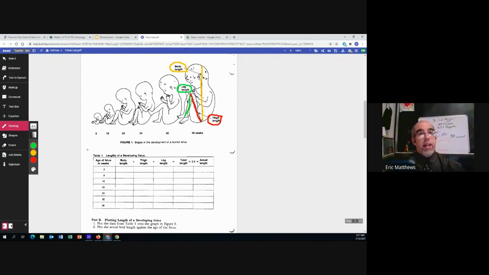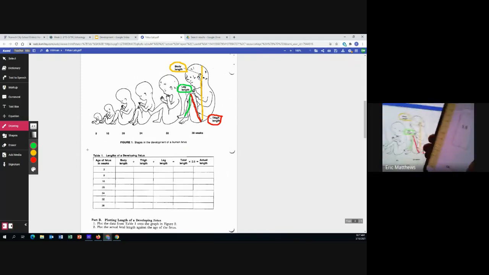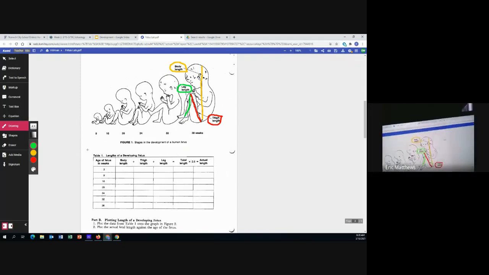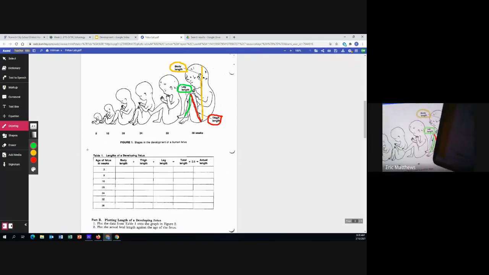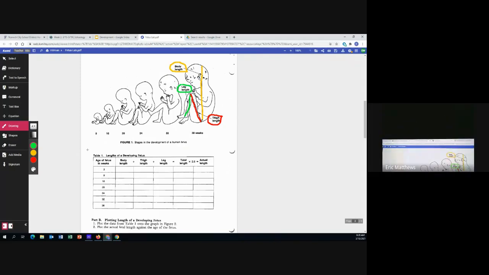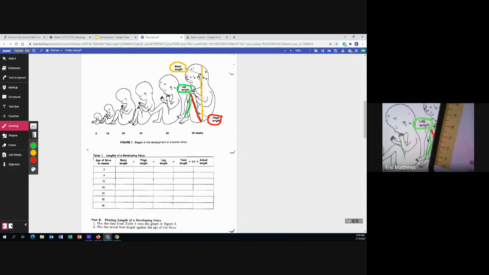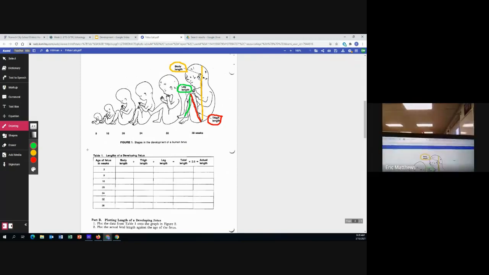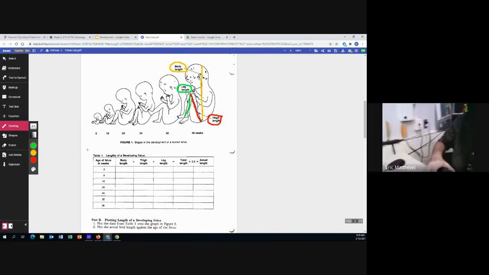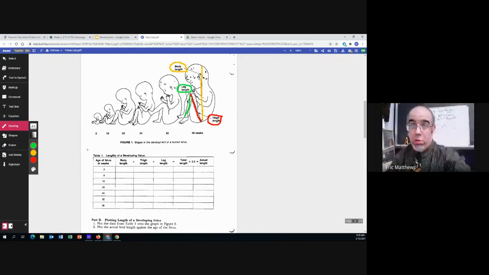Now, you can take this ruler on your phone while looking at your screen, and you can line it up in order to get your measurements. So for instance, on this one, we'd be looking at that green line. That green line is going to be about 3.4 centimeters. Pain in the butt? Sure.